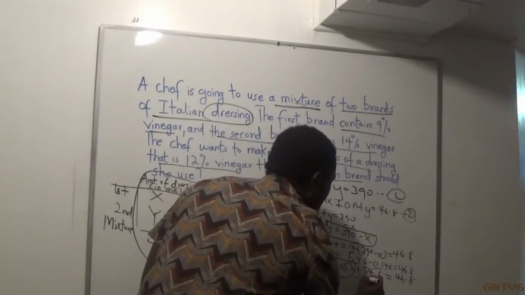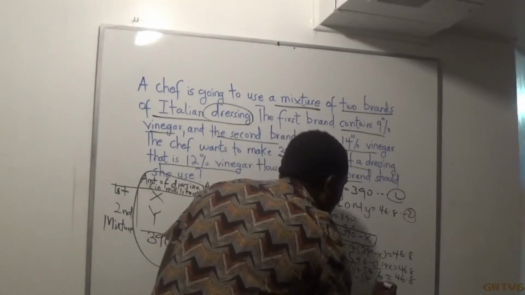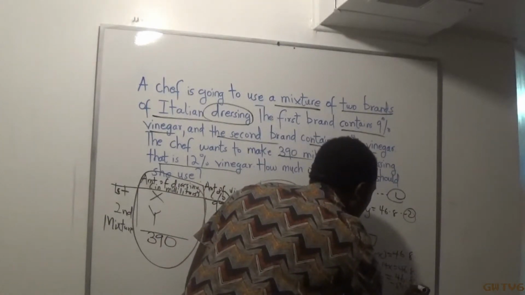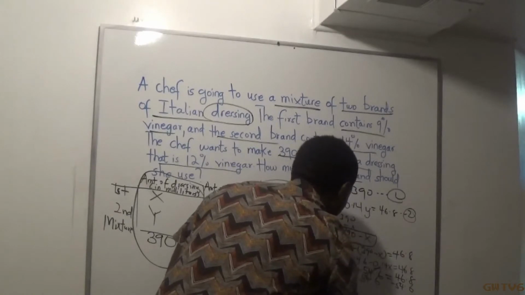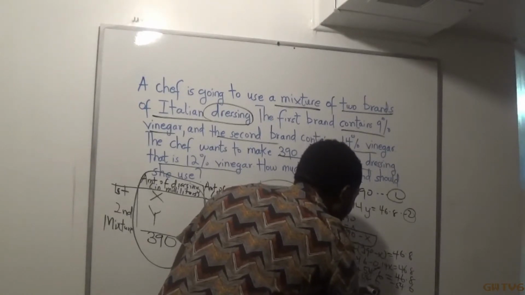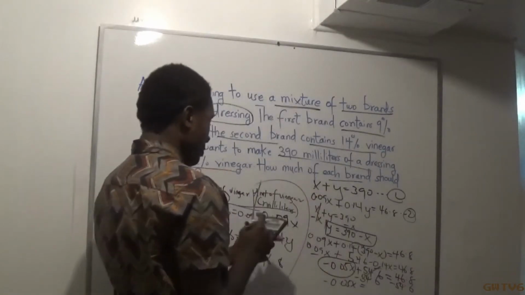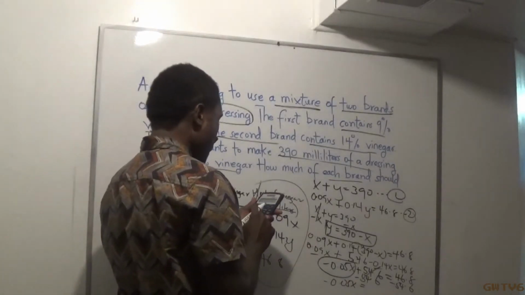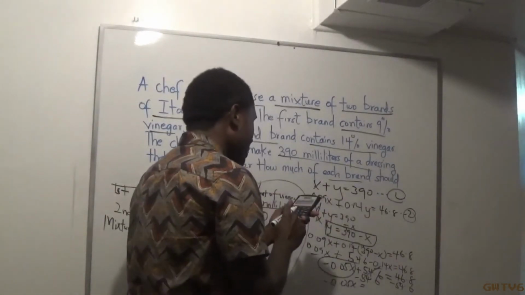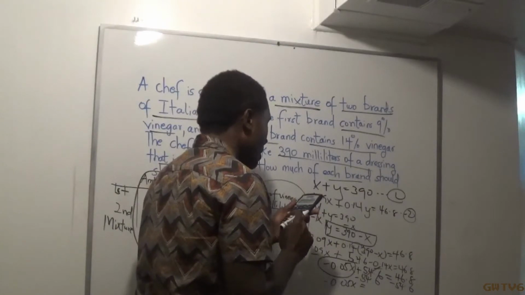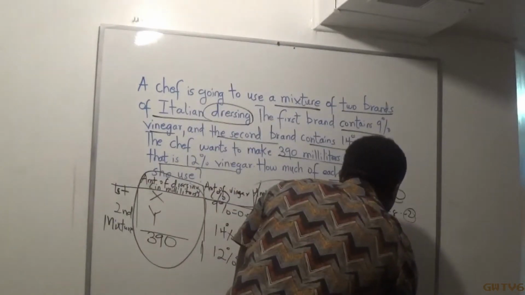So I'm getting rid of this by subtracting 54.6 on both sides. This is gone, so I got negative 0.05x equals 46.8 minus 54.6, and that is negative 7.8.